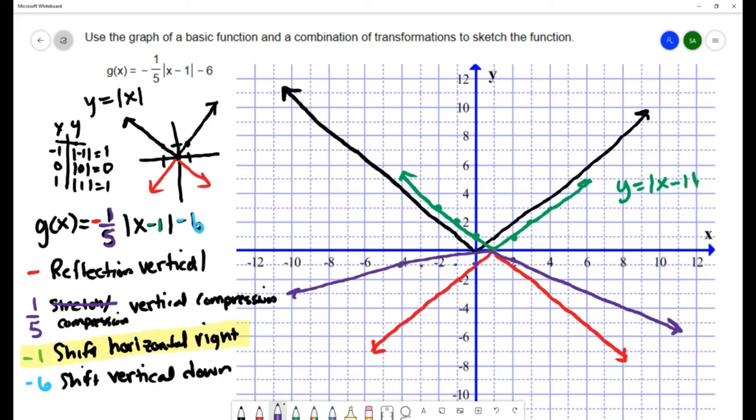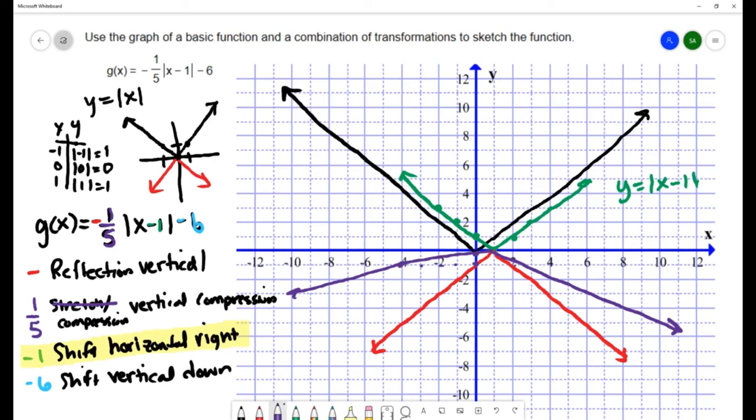I think I went too far. But it's going to flatten out that V a little bit. Now, if you want to be more specific here, you could take that y value and multiply it by 1/5. So we had a y value of -1, it becomes -1/5.